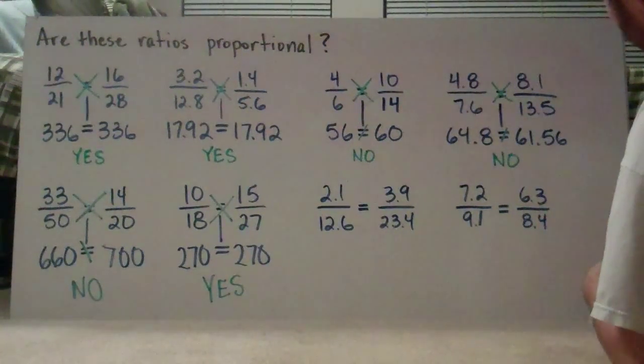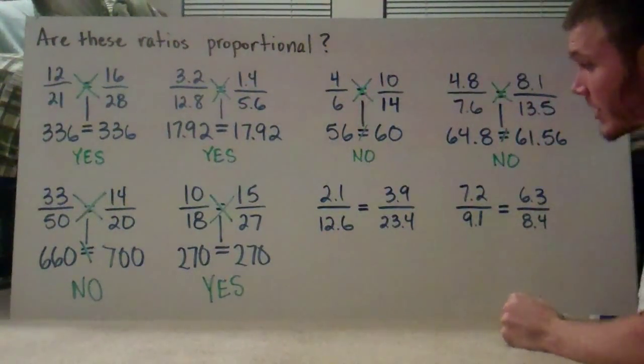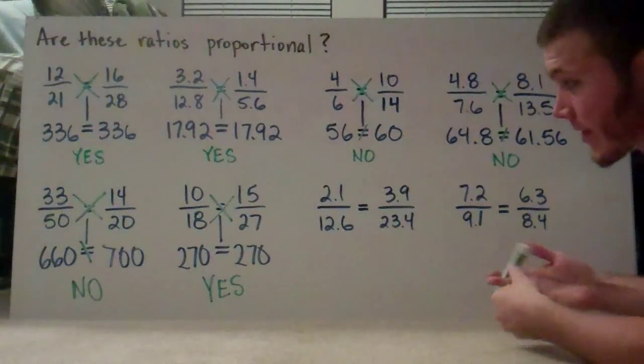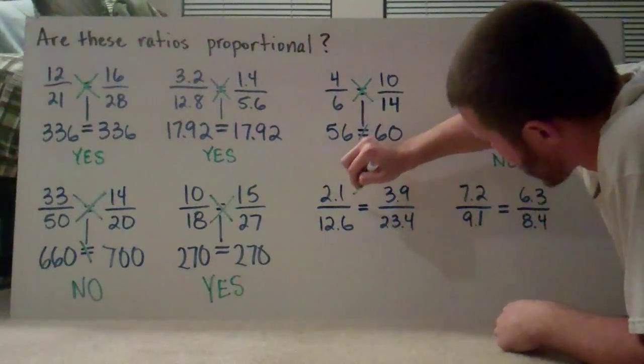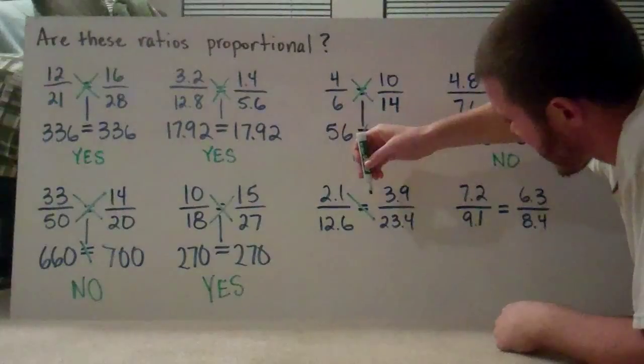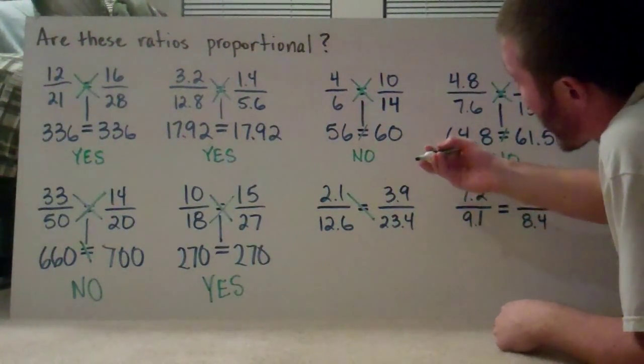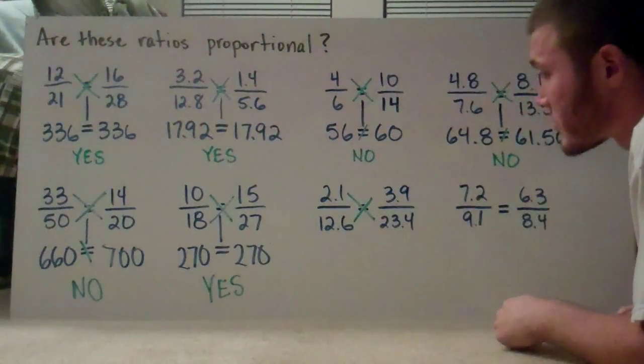Alright, next set. Now we're dealing with decimals. Okay, so we're going to cross multiply. I've got 2.1 times 23.14, or sorry, 23.4, and I've got 12.6 times 3.9.